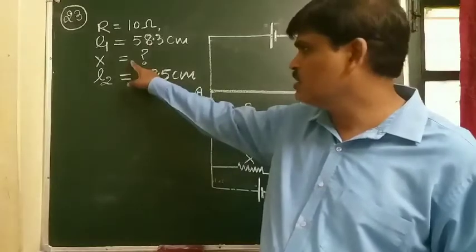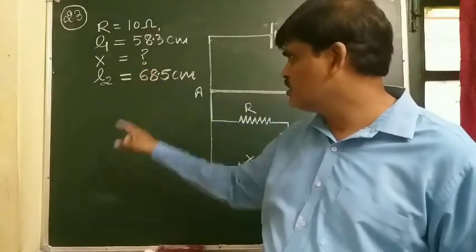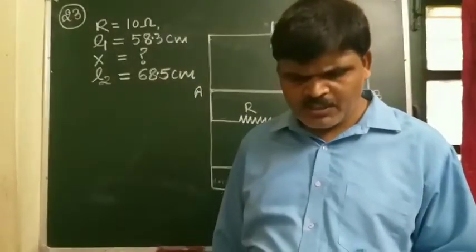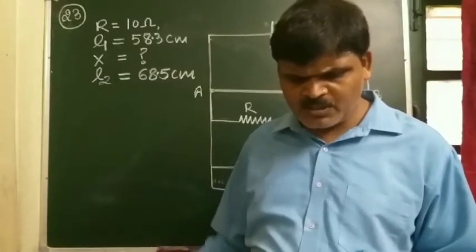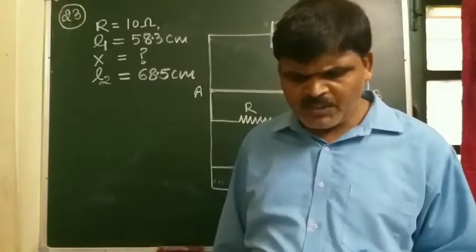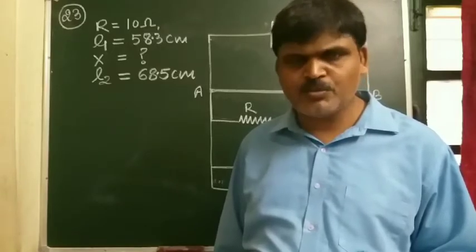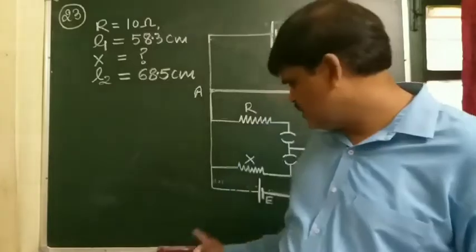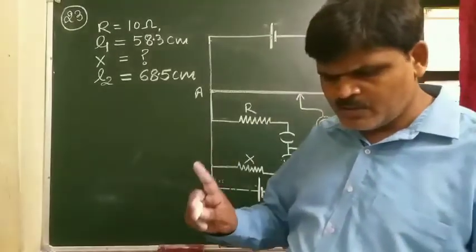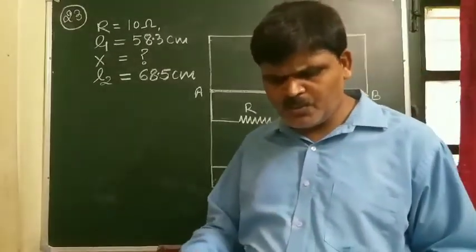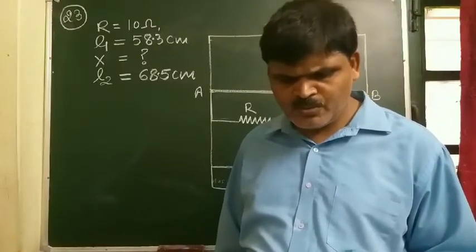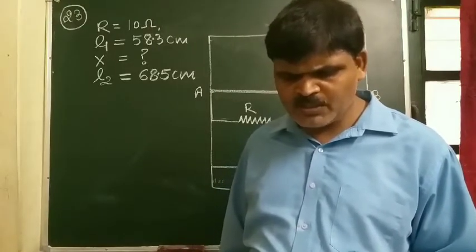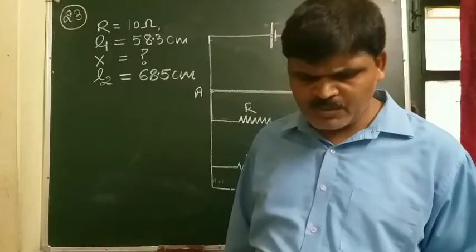Determine the value of X, the unknown resistance. What might you do if you fail to find a balance point with the given cell of EMF E?